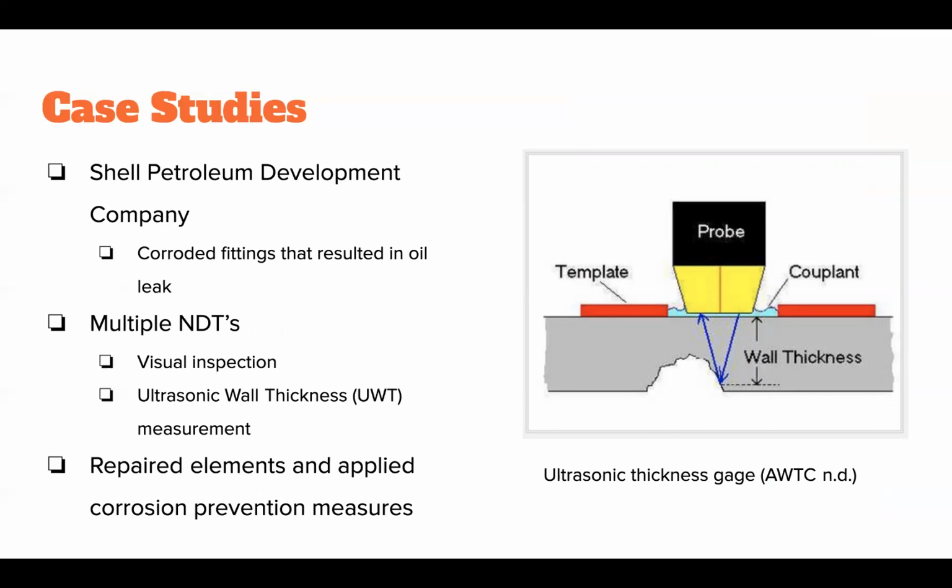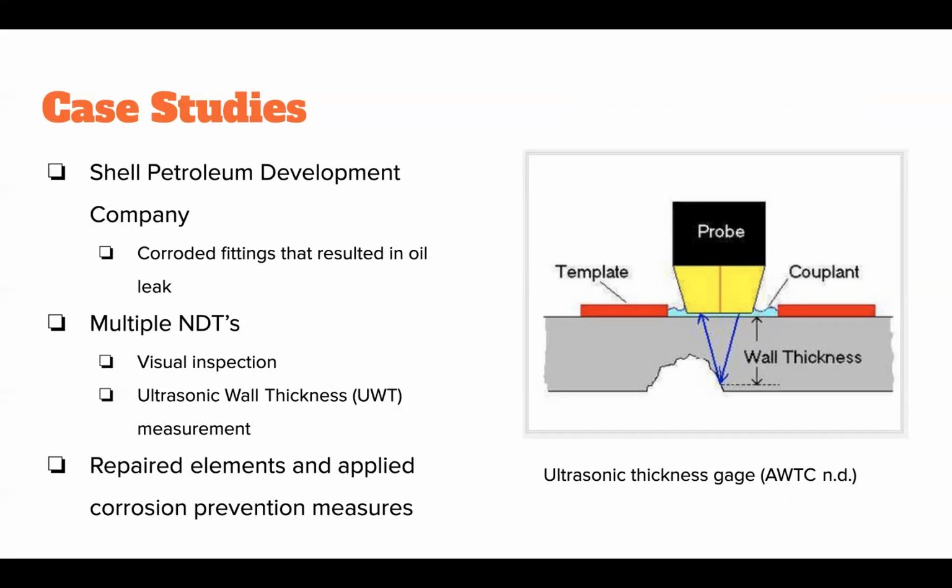Okay, and finally is the Shell Petroleum Development Company in Nigeria. It is an interesting case study to look at when looking at NDTs performed to discover defects. The company experienced oil leaking problems frequently due to corrosion of steel pipes and fittings.